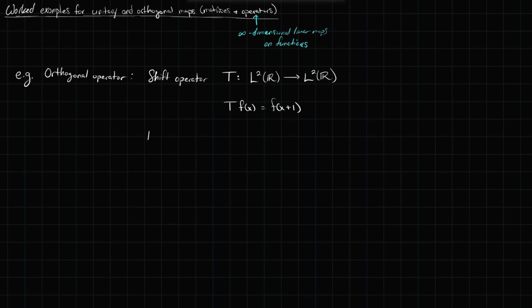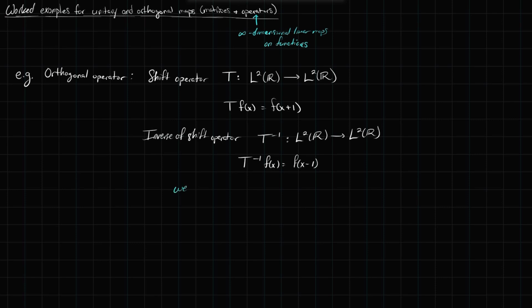And the inverse of the shift operator is probably not too tricky for you to imagine. It's also going from L2 to L2. The inverse, though, just takes a function. Instead of moving x to the right, it moves it to the left, x minus 1.